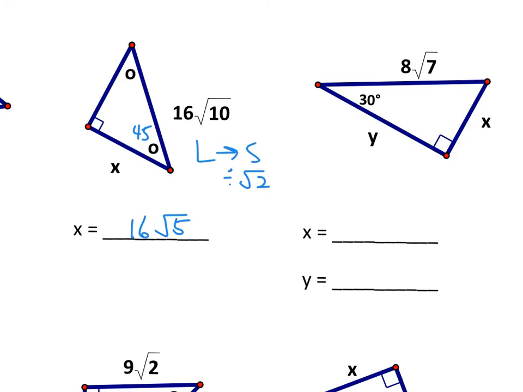For the next problem, it looks like we're given the long in a 30, 60, 90. So going from long to short, we're going to divide by 2. So then we'll get, divide the 8 by 2, keeping them separated, we'll get 4 radical 7.